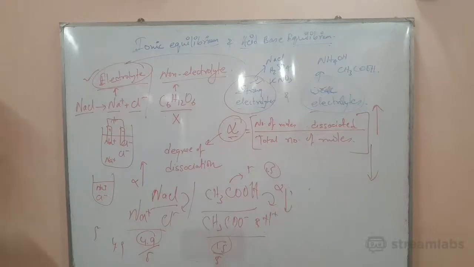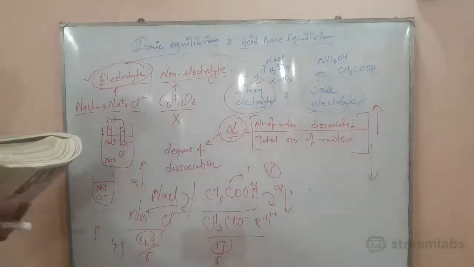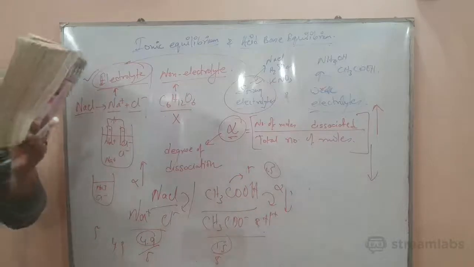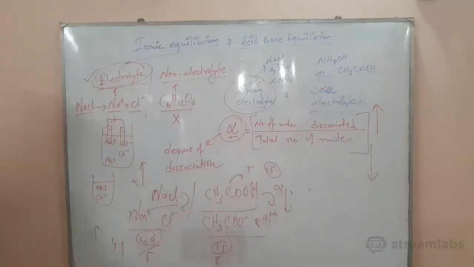Now, as I have said, a strong electrolyte is completely ionized in the aqueous solution. Therefore, its ionization is represented by a single arrow.